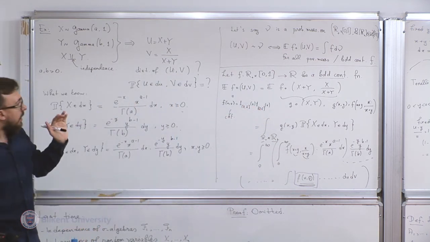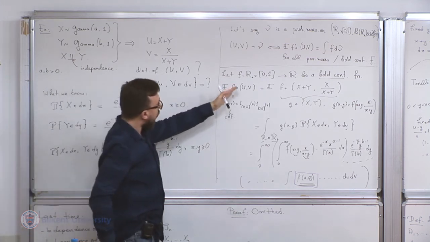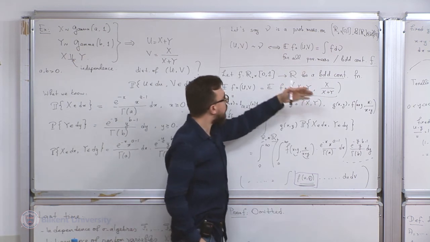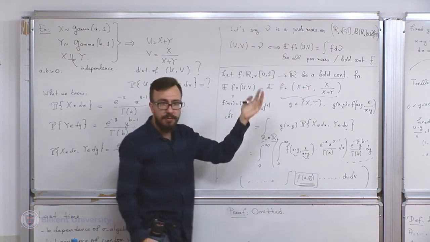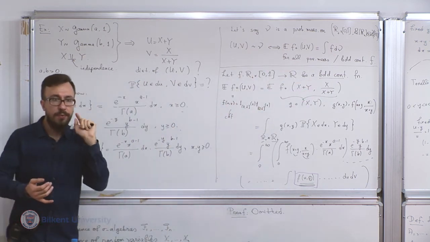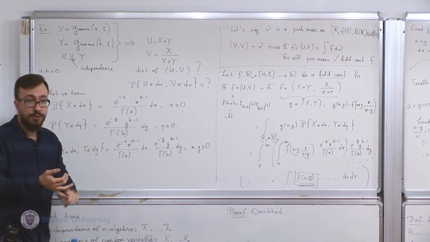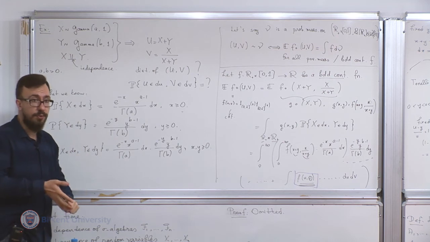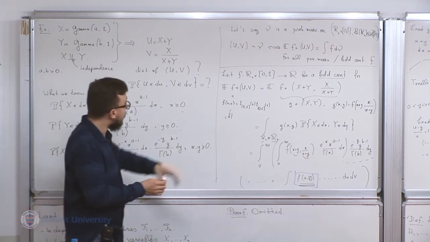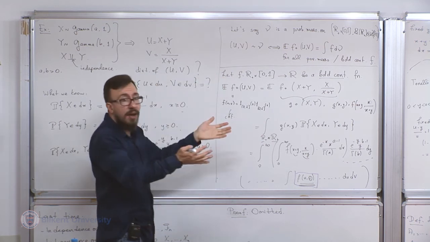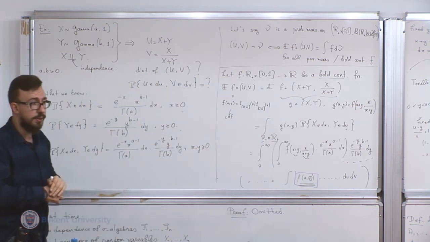So you either need to work with all possible functions f, bounded continuous, bounded measurable, positive measurable, and so on, or you can work with special functions like Laplace transforms, Fourier transforms, cumulative distribution functions. So the class of functions that you pick here should be rich enough to characterize the joint distributions.